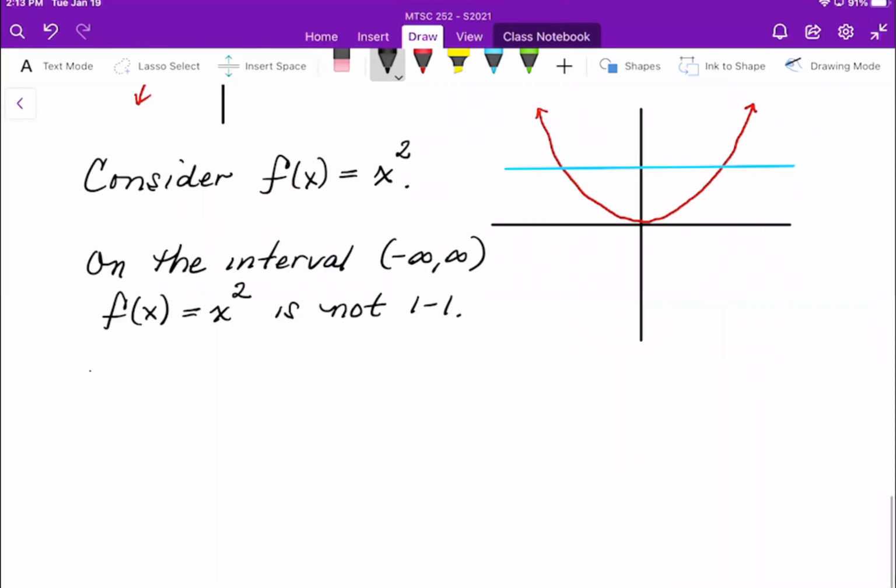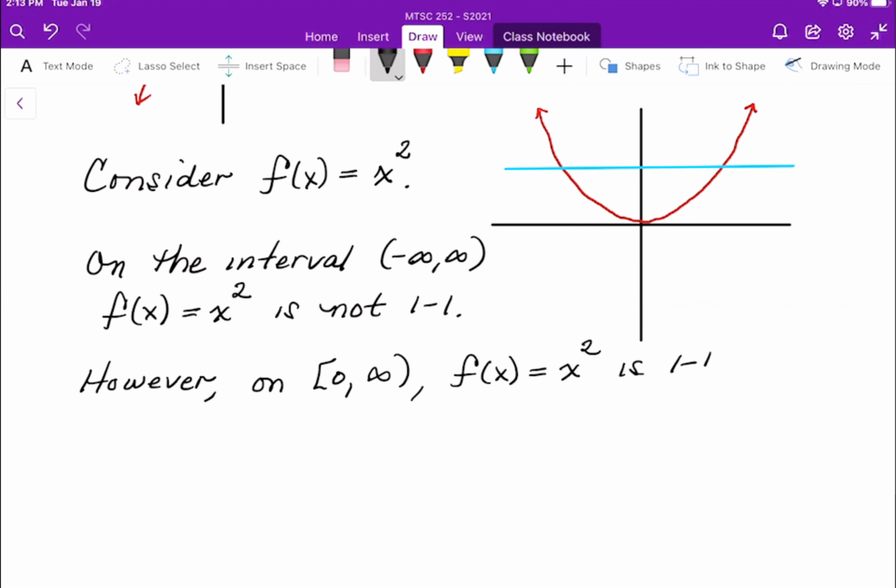However, on the interval 0 to infinity, f of x equal to x squared is one-to-one. And on the interval minus infinity to 0, f of x equal to x squared is one-to-one.